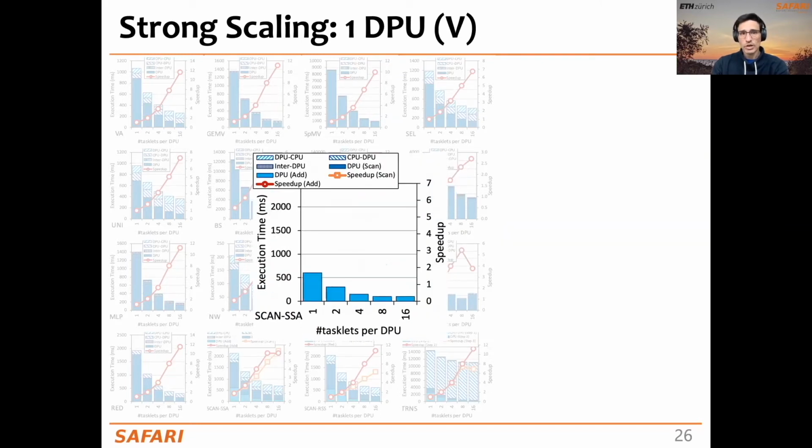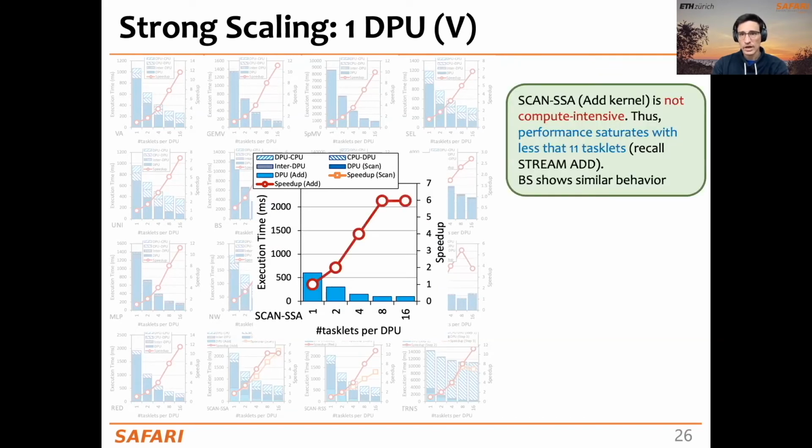There is another observation. Scan-SSA, in particular the add kernel, is not compute intensive. In this case, the performance saturates with fewer than 11 tasklets. But the reason for that is not related to the use of synchronization primitives, because this add kernel of scan-SSA doesn't use any intra-DPU synchronization primitives.